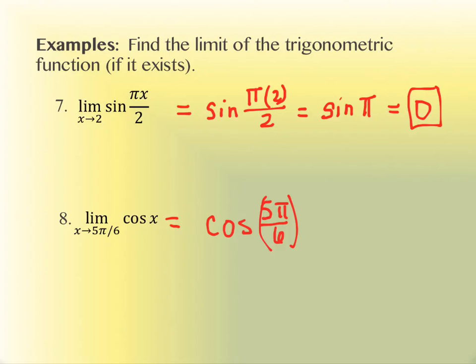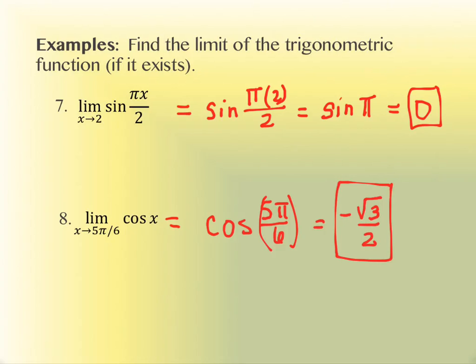Is it 1/2? Nope, it's the other one. It's square root of 3 over 2, and it's also negative because we're in quadrant 2, and in quadrant 2 the cosine values were negative. Okay. So this is a refresher and evaluation of unit circle values, right?